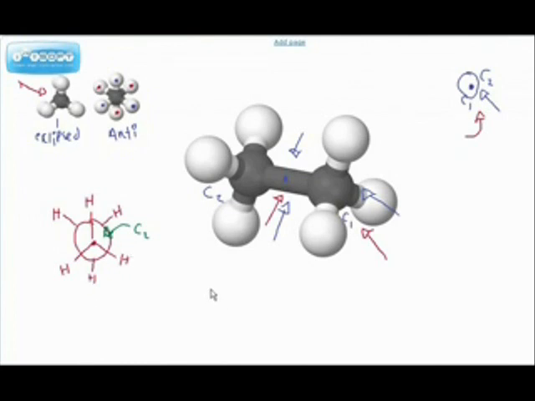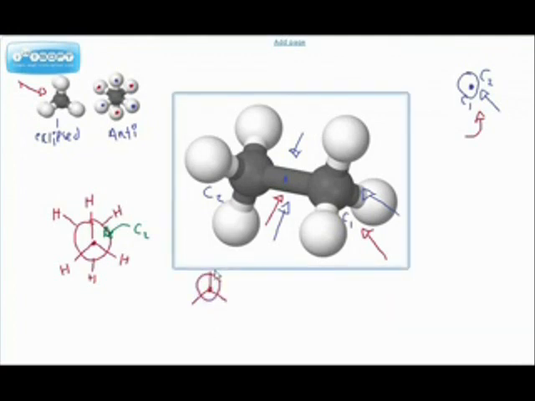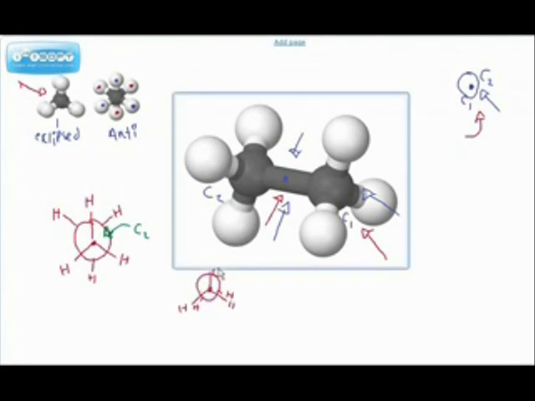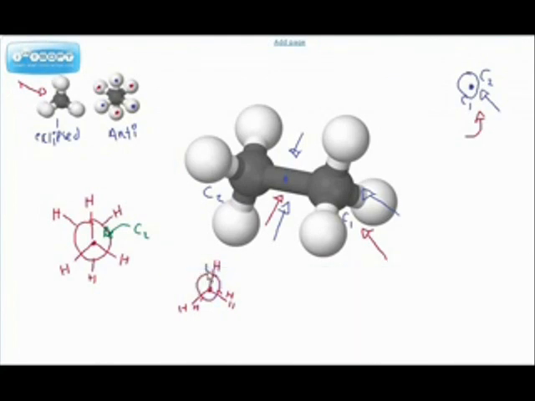And if we were to draw the eclipsed conformation, we would do the same thing, but kind of with the hydrogens matching the hydrogens from carbon number 1. So we would have here, here, and here we would have hydrogens. So hydrogen, hydrogen, hydrogen, hydrogen, hydrogen, and hydrogen, for a total of the 6 hydrogens we find on an ethane molecule.